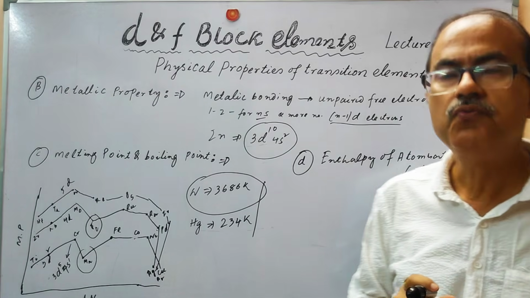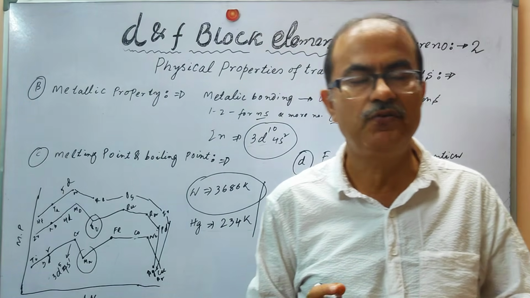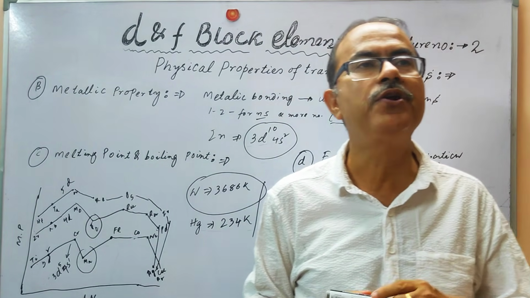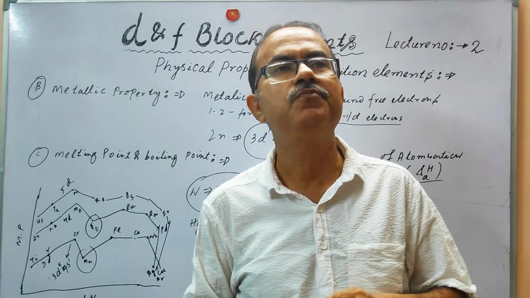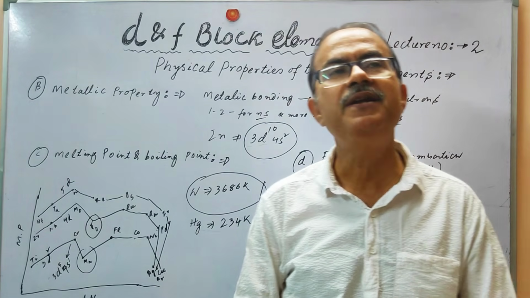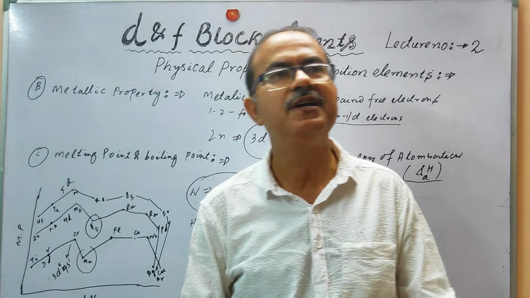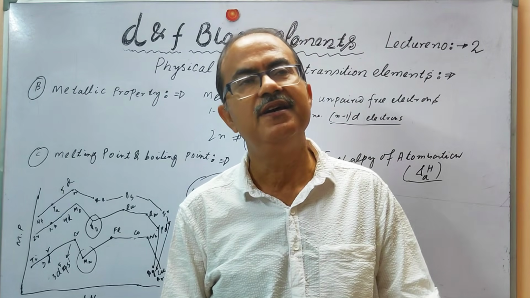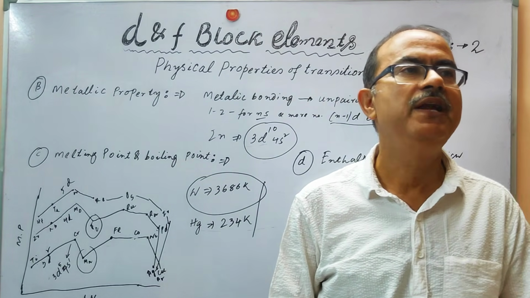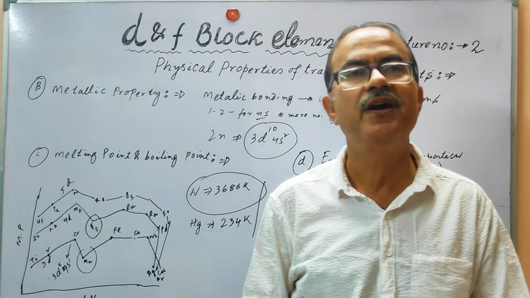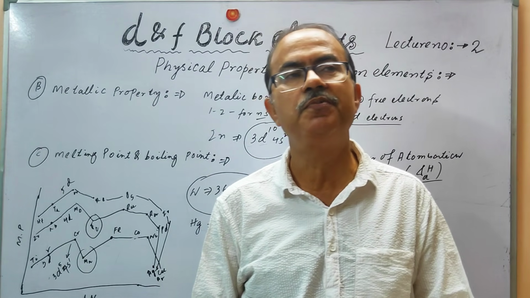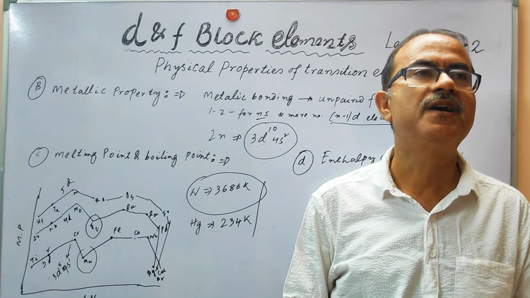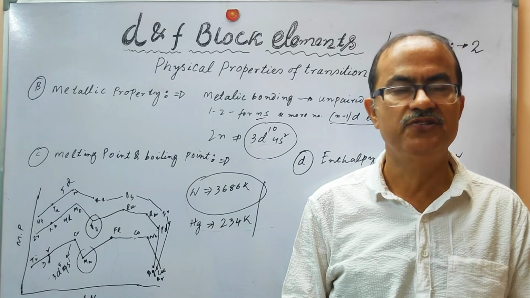So that is all for today's lecture. In this lecture we have discussed four very important physical properties of the transition elements. First we discussed atomic radius and ionic radius. Then we discussed melting point and boiling point, and also the metallic property, and lastly the enthalpy of atomization.